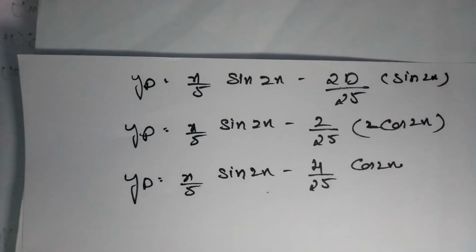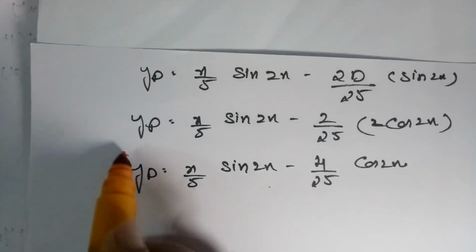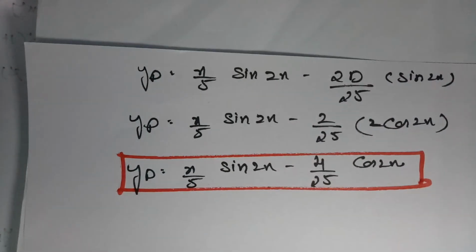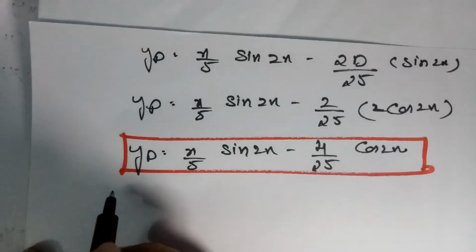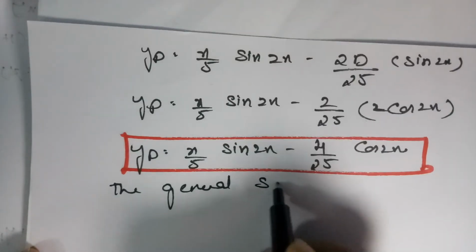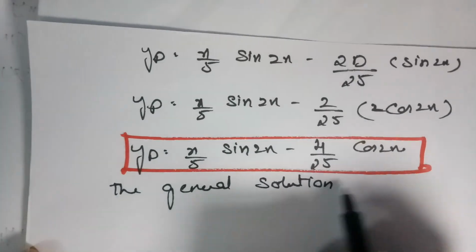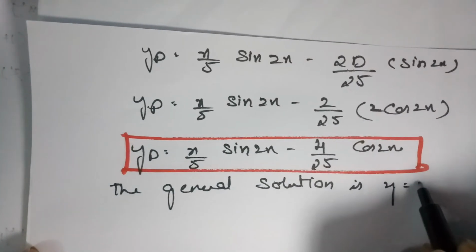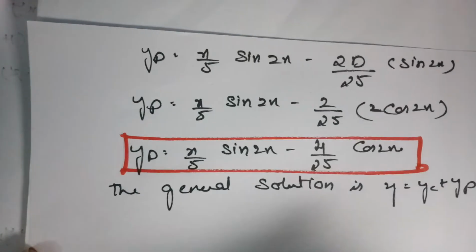After getting yp, what do we have to do? We have to add up yc plus yp to get the general solution. So the general solution is y is equal to yc plus yp.